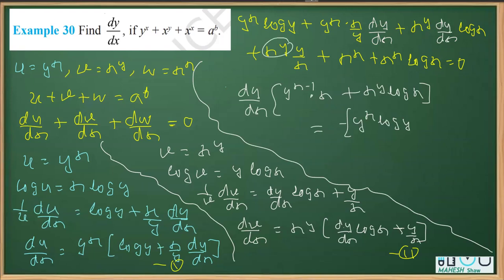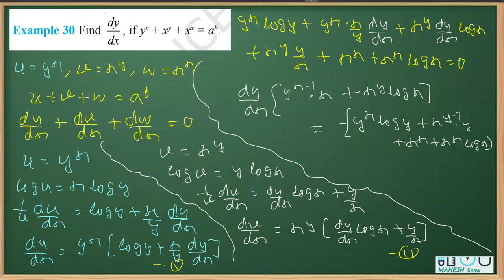So applying the laws of exponent, this will be x raised to the power y minus y raised to the power x minus 1 times y, and x raised to the power 1. Now we are left with this, which is plus x raised to the power x plus x raised to the power x times log x.